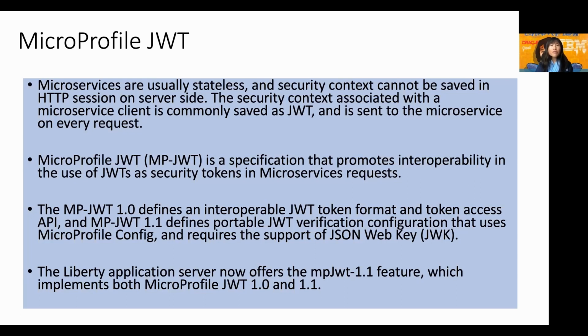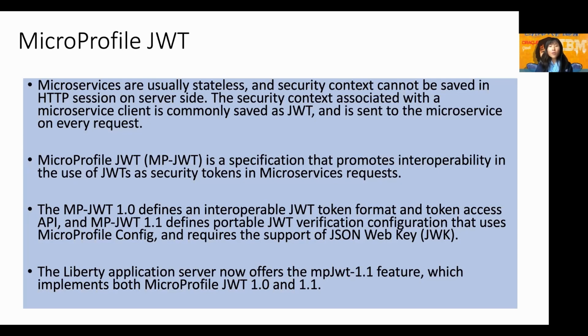So MicroProfile JWT fulfills two purposes. One is to secure microservices. The second one is interoperability. In MicroProfile 1.0, it defined the interoperable JWT token format, and also the APIs to be able to access the token.